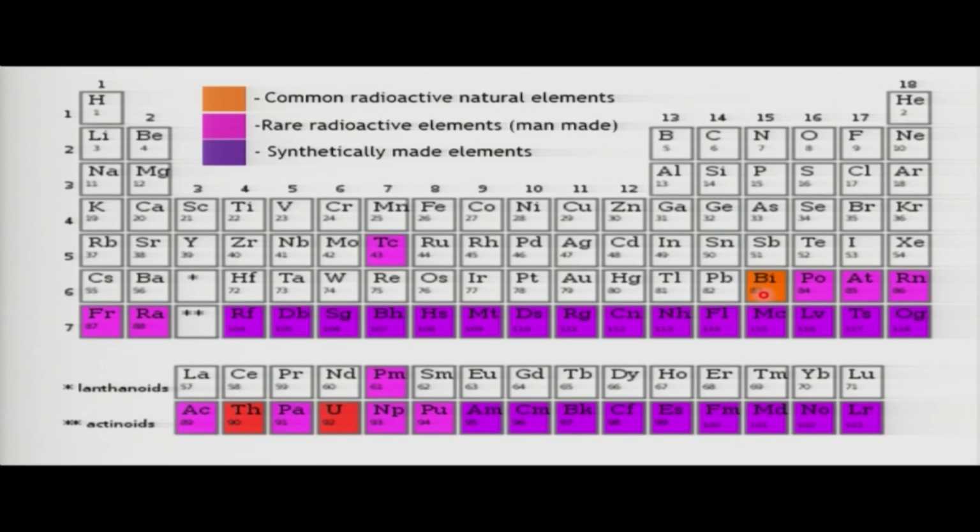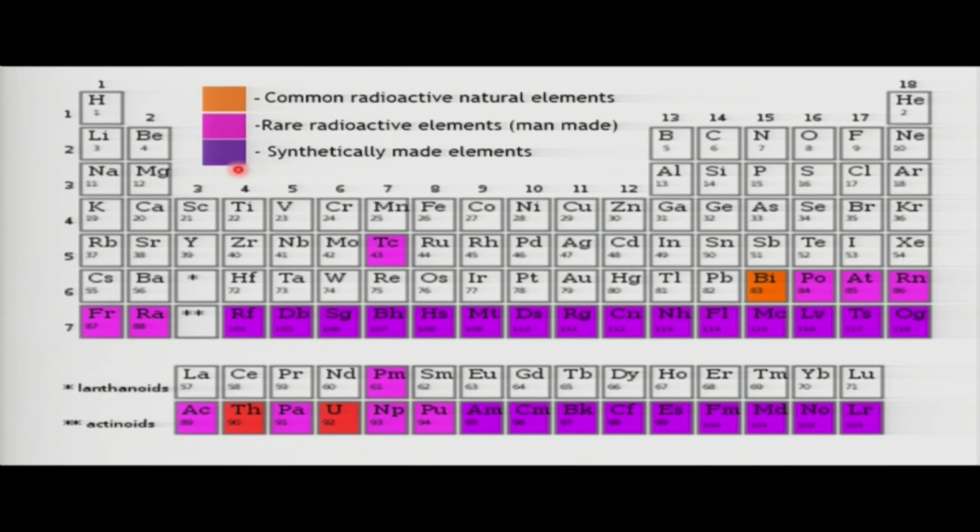We also have the ones which are naturally existing, but they are very rare. So with the understanding of technology, man has decided to artificially make them. So they are called synthetically made radioactive atoms, like these with a violet color.